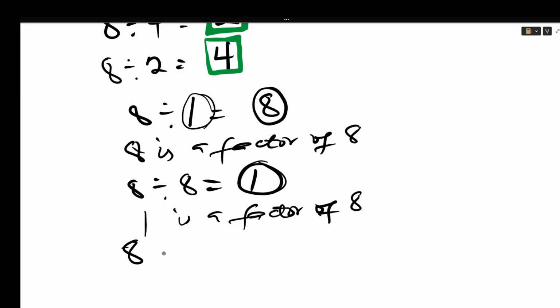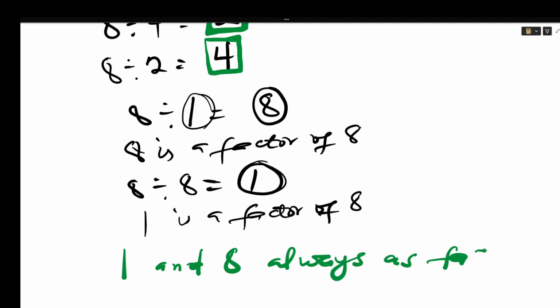We have 1 and 8 always as factors. No matter the number you pick, 1 and the number itself are always factors of that number.